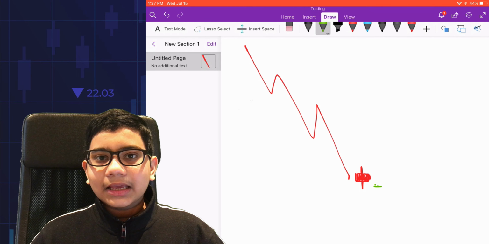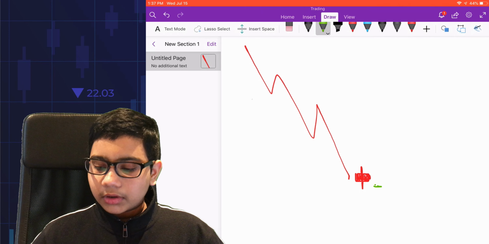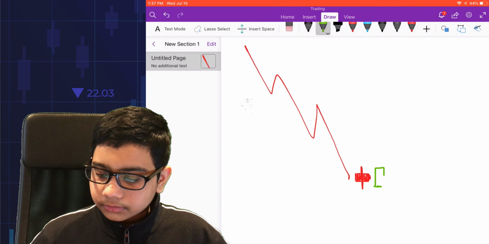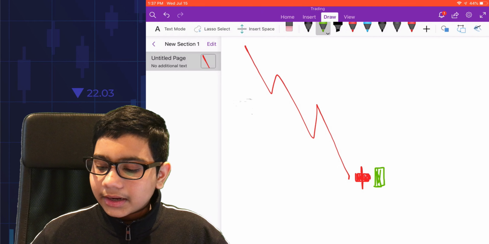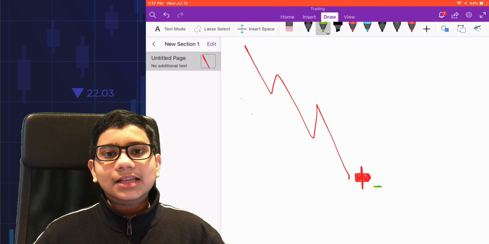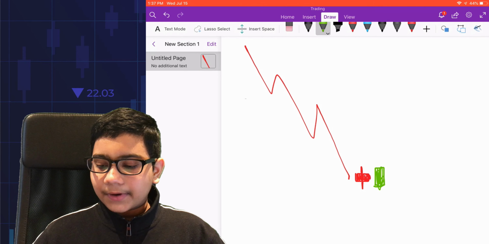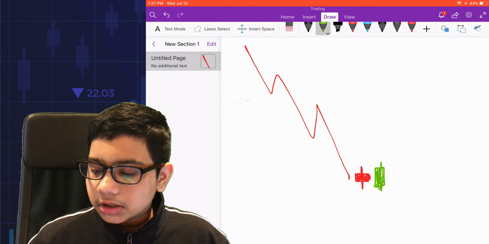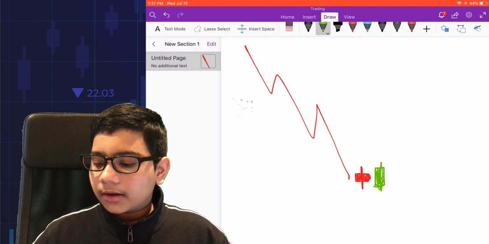So it basically engulfs the candle before it. So it's like this. What this shows is that there's a huge buying pressure that jumped into the market. So therefore you'd expect the trend to be going in an uptrend after that.